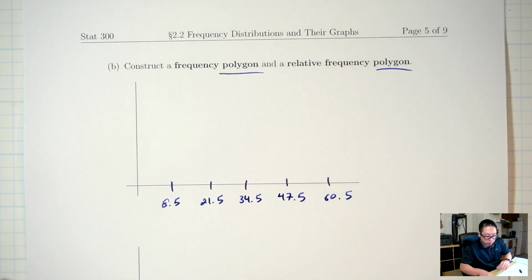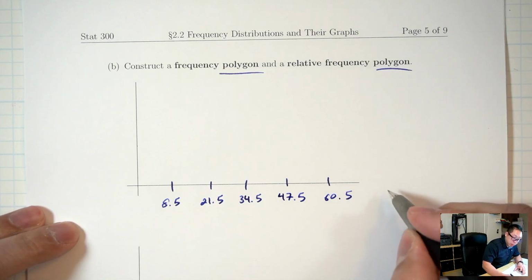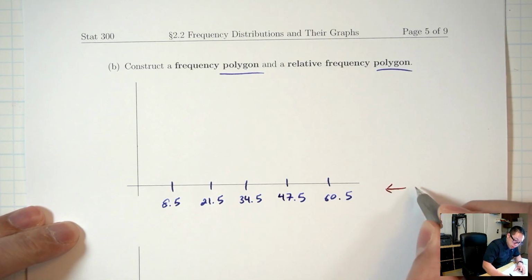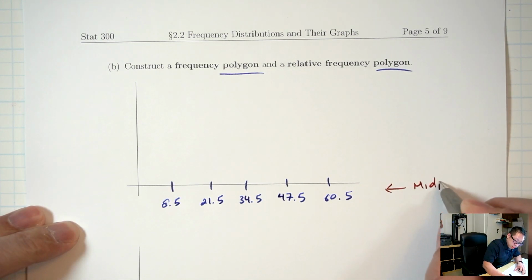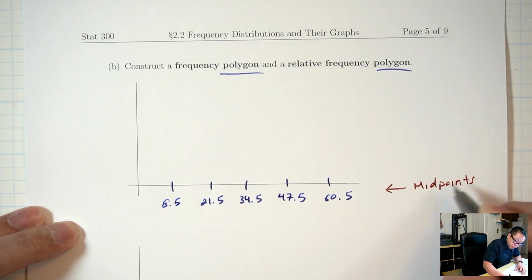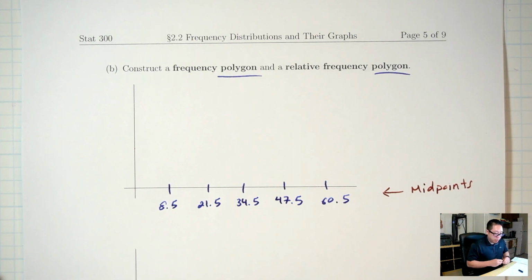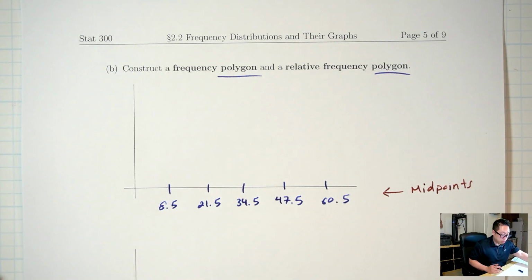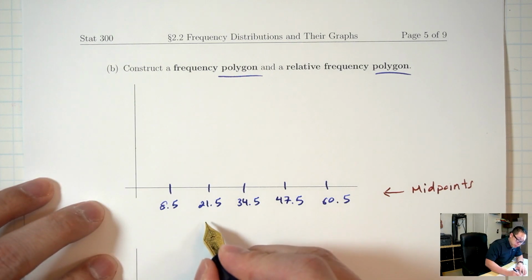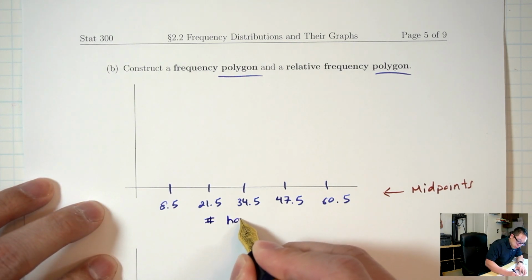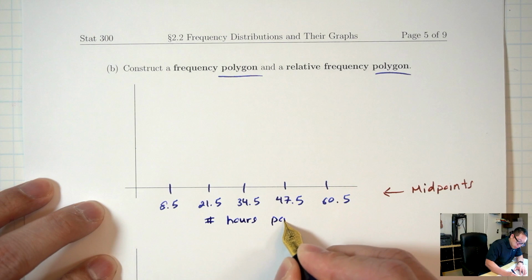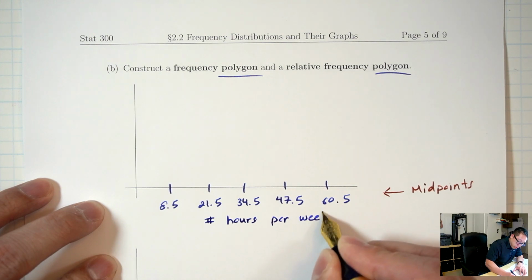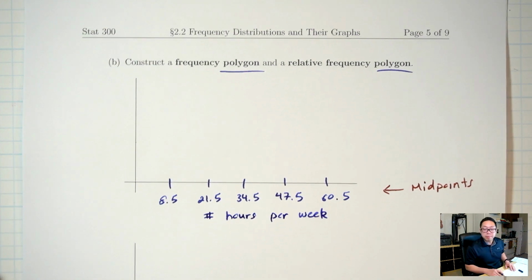Okay, let me make a note of this, that we should put midpoints on the x-axis. And then just like before, the numbers on the x-axis represent, in our case, number of hours per week that students study.